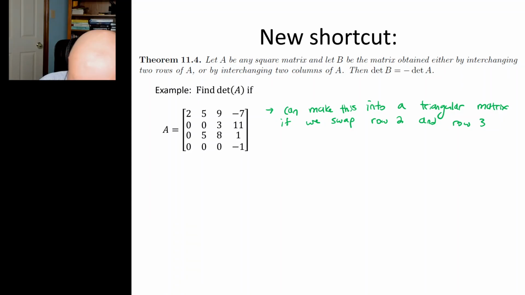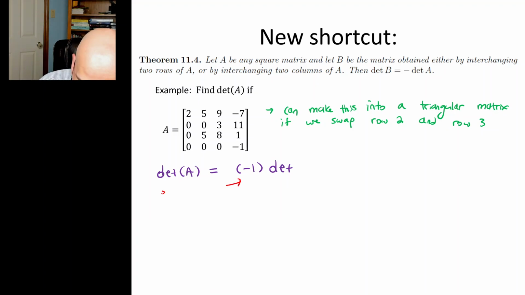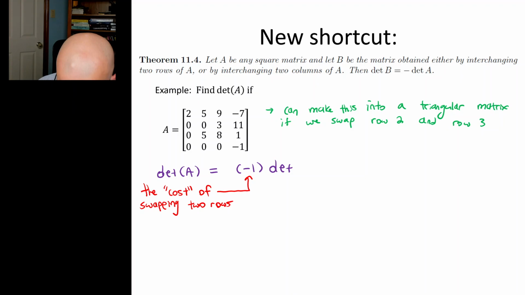So determinant of A is equal to negative 1 times the determinant of, so that negative 1 comes from the row swap we're about to do. I'll call it the cost of swapping two rows. This picks up a negative sign for the determinant.